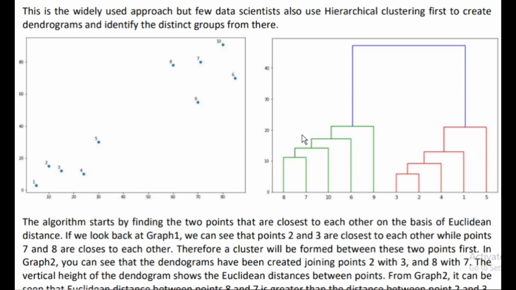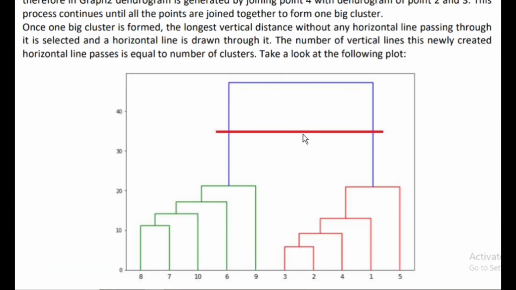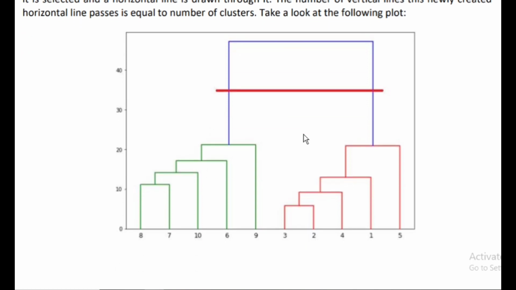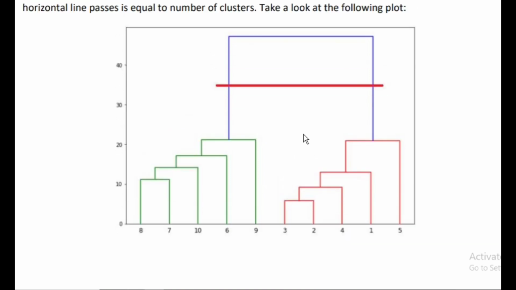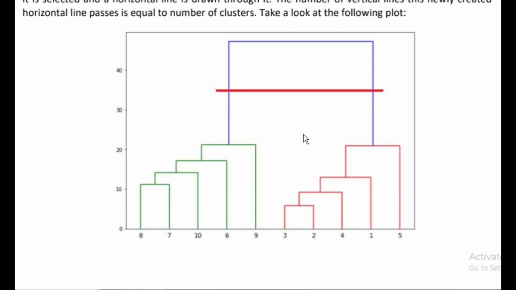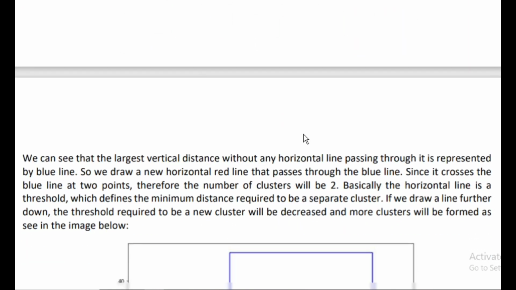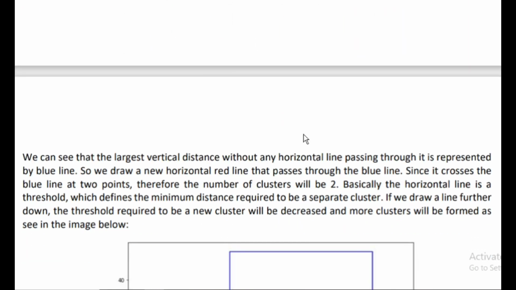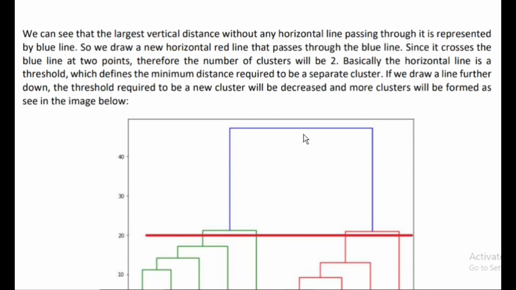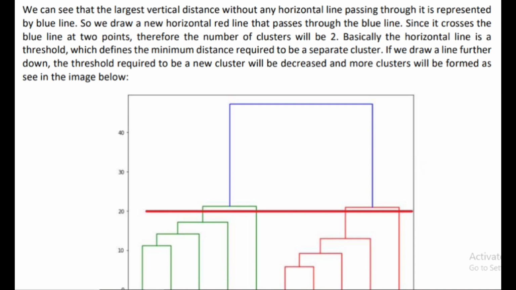Take a look at the following plot. We can see that the largest vertical distance without any horizontal line passing through it is represented by the blue line.